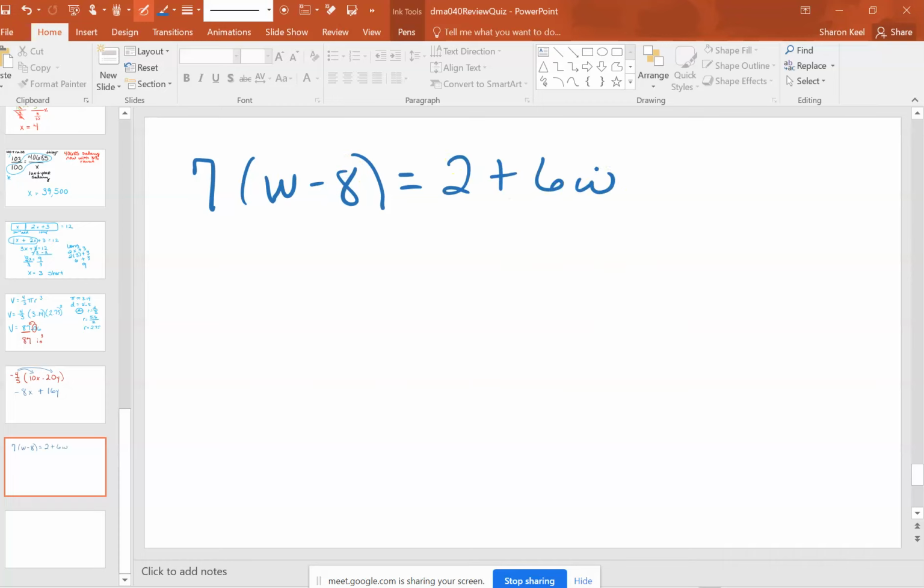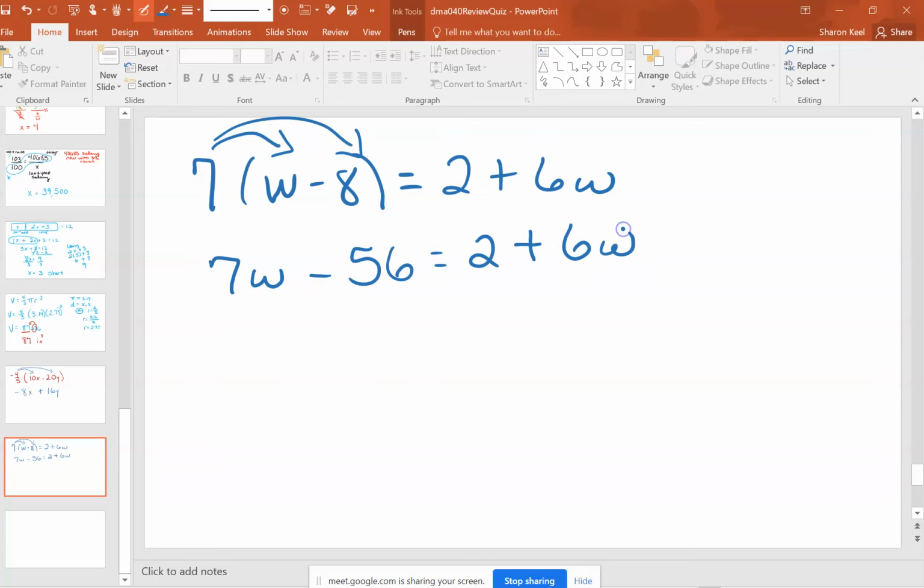Okay, so if we're solving this, we're going to distribute the 7 here and here. So we have 7w minus 56 equals 2 plus 6w.